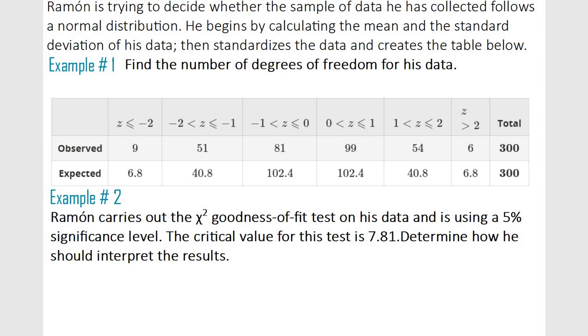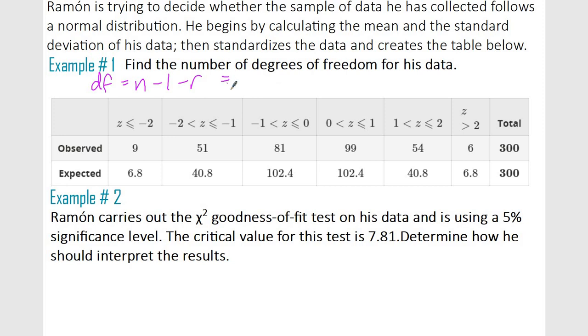So, of course, let's do an example. The first thing we want to do is find the degrees of freedom. Remember our formula: n minus 1 minus r.